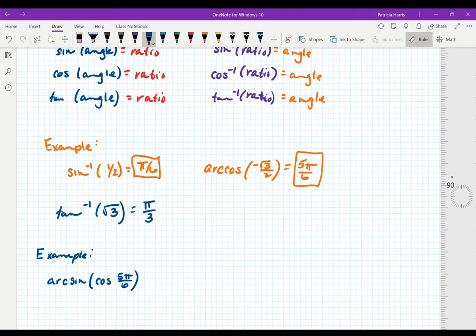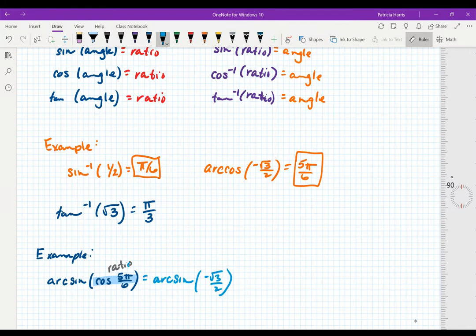So you have an arc sine of a cosine ratio of an angle. Okay. So what you're going to do is work from the inside out. So you're going to evaluate this bit first. Okay, so remember that that's cosine of an angle. So in this bit, you should get a ratio. Okay, so cosine 5 pi over 6, if you look at your unit circle, it's going to be negative radical 3/2.